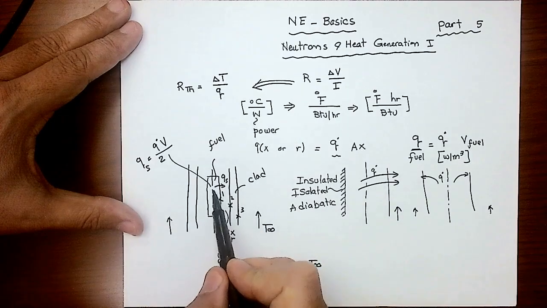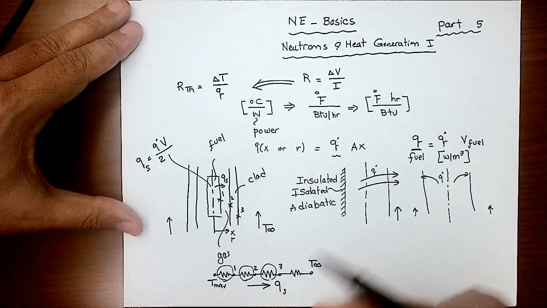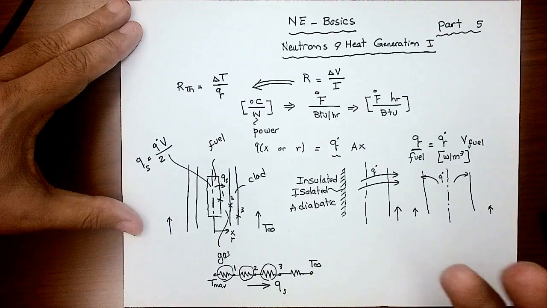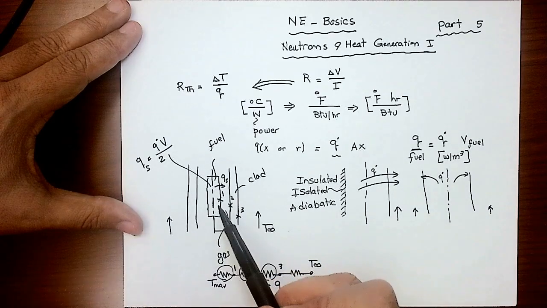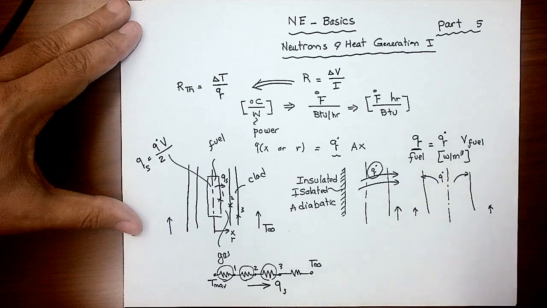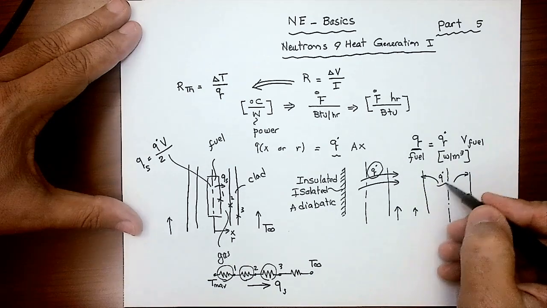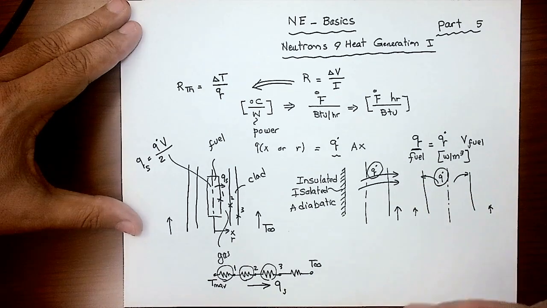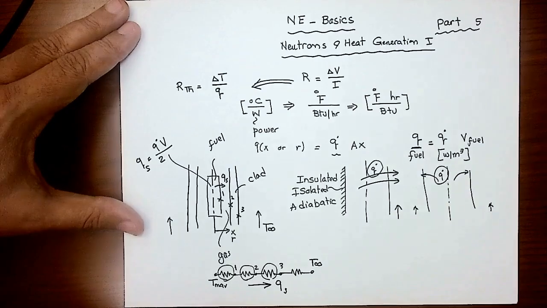Now we need to look inside the fuel and see how that fuel actually generates heat, okay? How to get that Q dot out of the fuel, okay? And remember, we have always assumed that Q dot is uniform so far, but as we go, you will discover that it's actually a local value, so it changes from one location to another. So we have distributions and things like that.